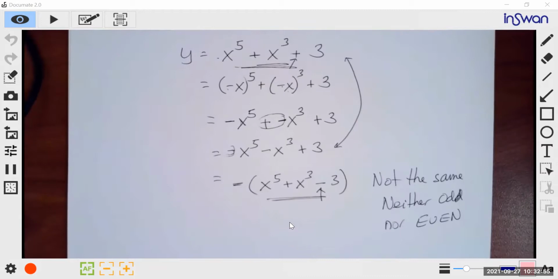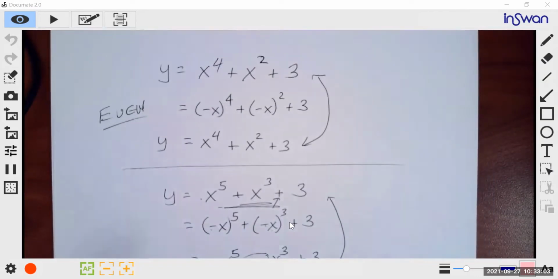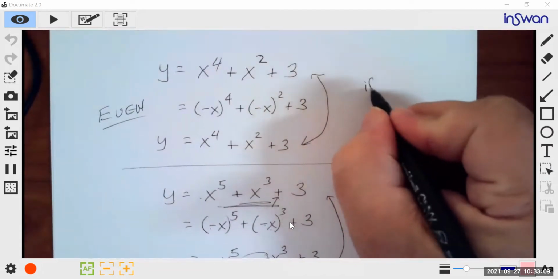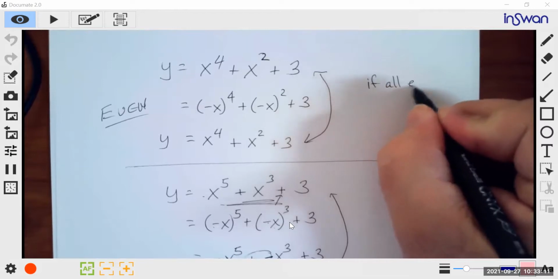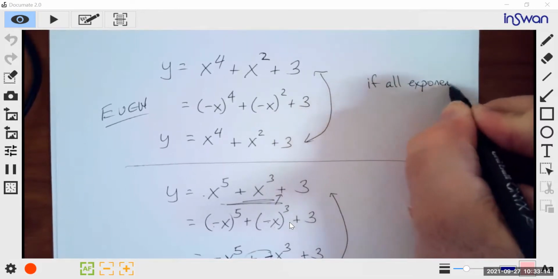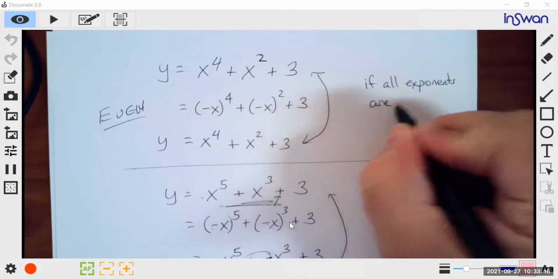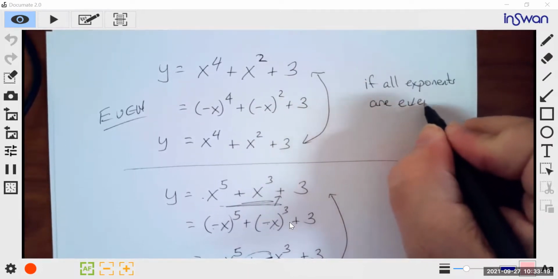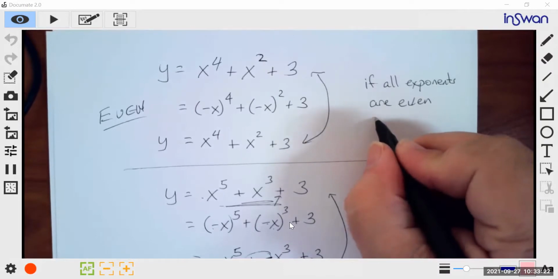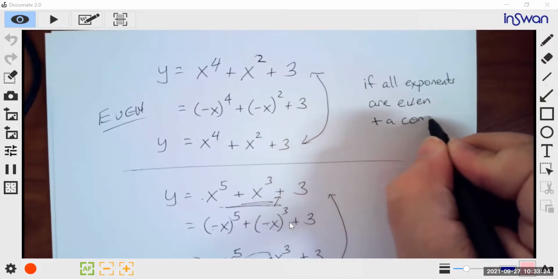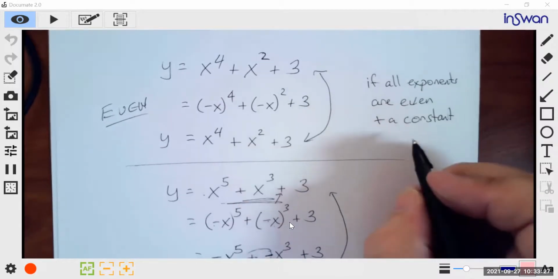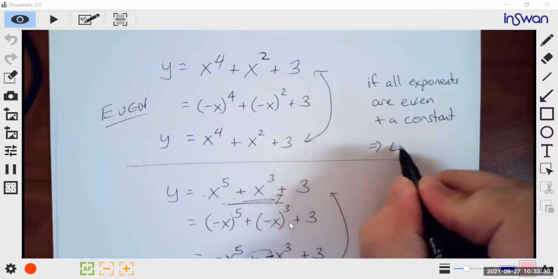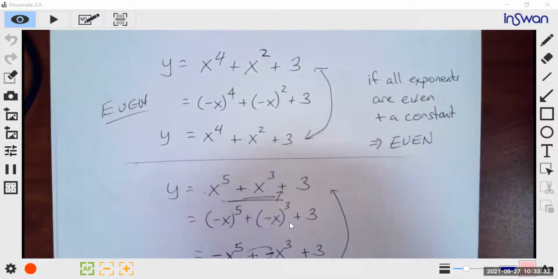So which is the only function you can have that has constants to be odd or even? Even. If all exponents are even plus a constant, then the function is even.